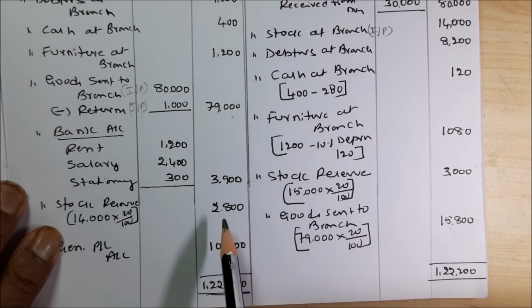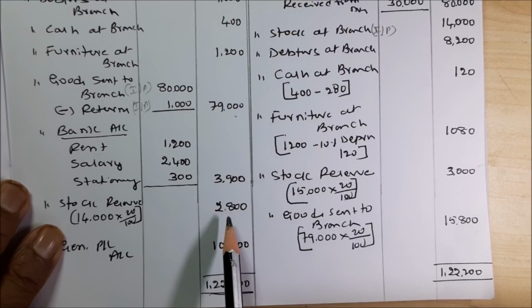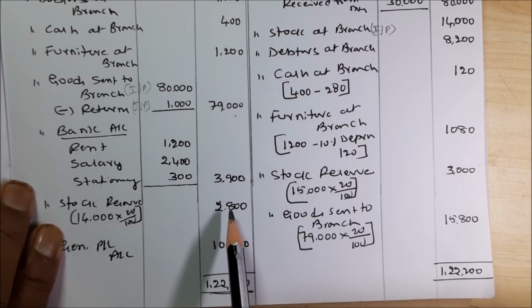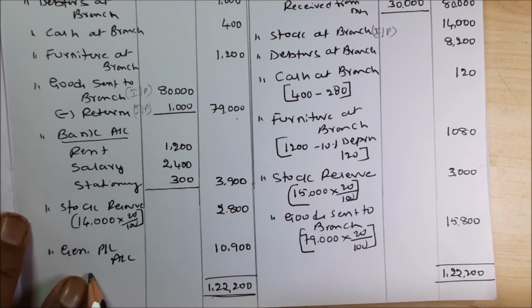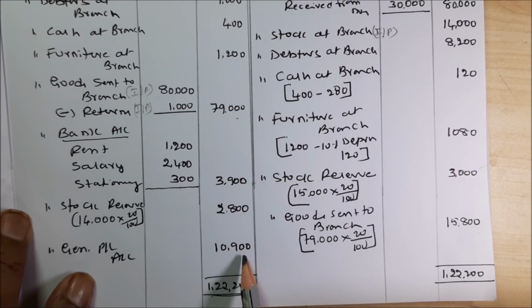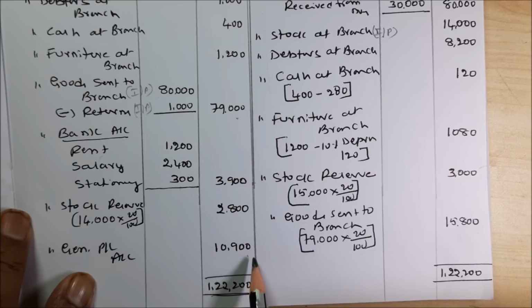The other reserve has also been written directly. Now find out the general profit and loss account: it is 10,900. That means the profit of the branch is 10,900.